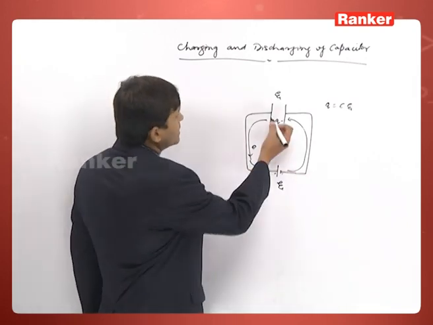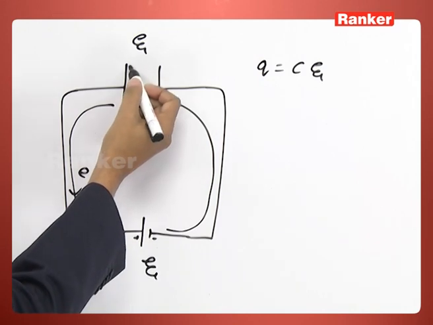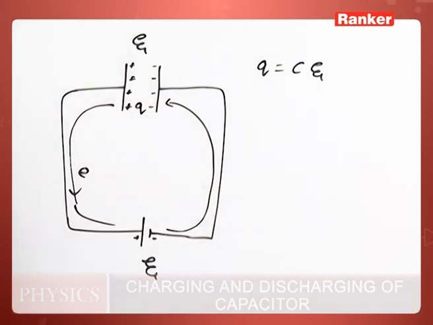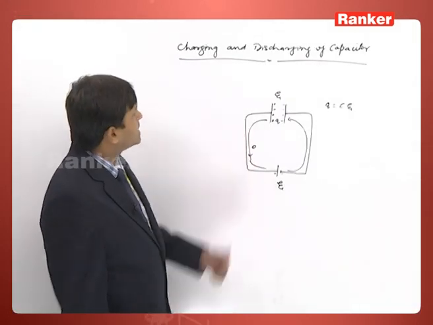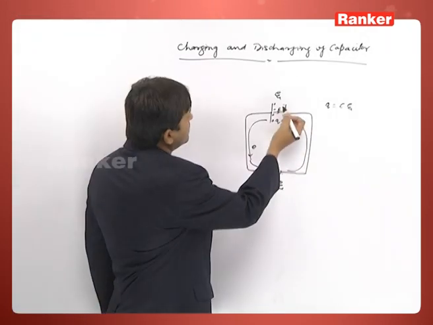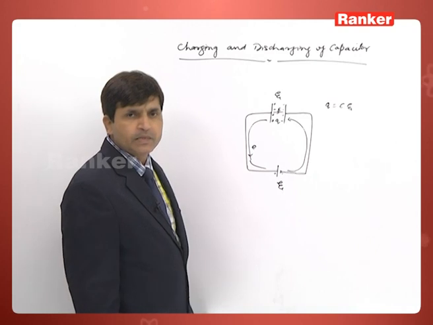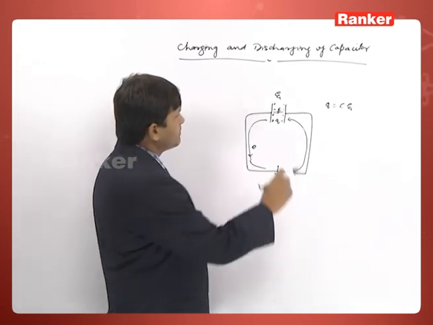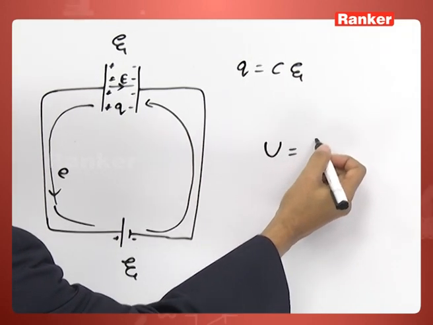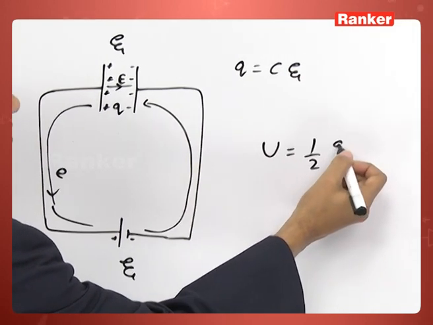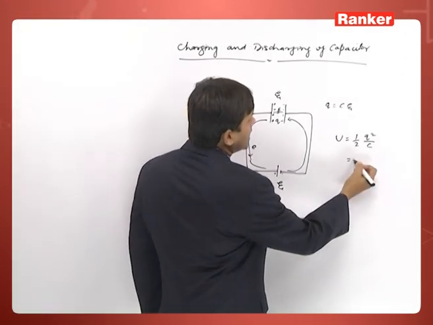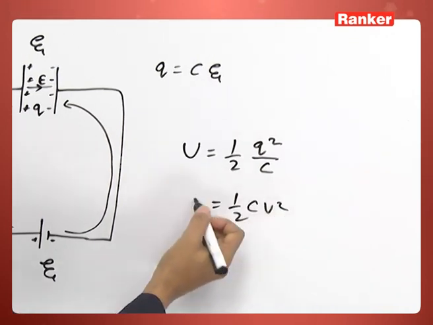Now when charge comes, because of this charge, this plate is positively charged and this is negatively charged. That charge produces an electric field from the positively charged plate to the negatively charged plate, and because of this electric field there is a certain energy, which we can calculate using the formula half Q squared by C or half C V squared, whichever formula we want.